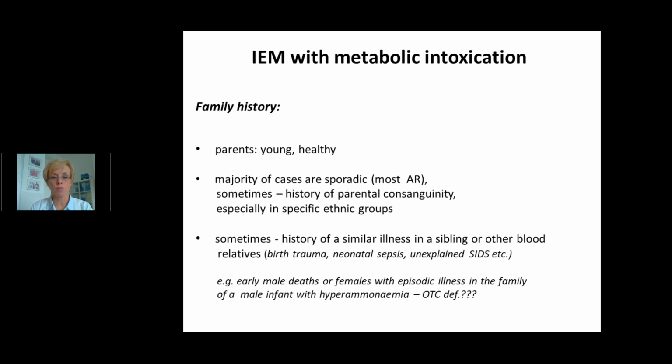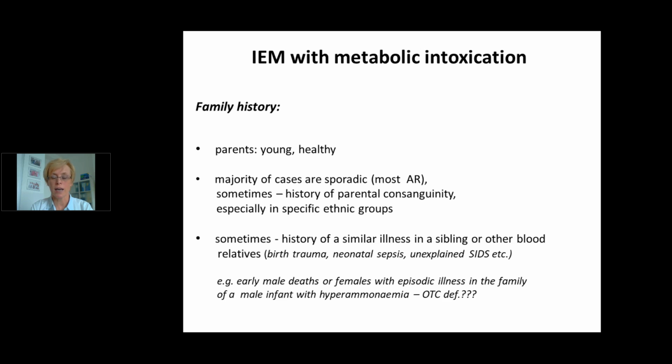In most cases, we will find that this child is a child of young and healthy parents. Most of these cases are sporadic, so they may appear for the very first time in the family, but sometimes there is a history of parental consanguinity, and maybe the families come from specific ethnic groups. So sometimes we may already have information that this family is affected by some strange disease.